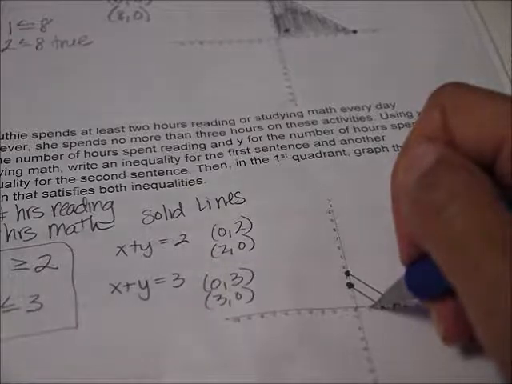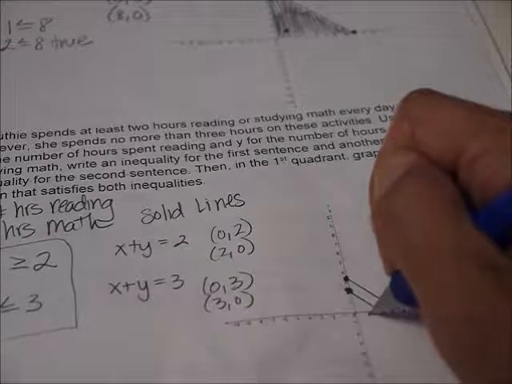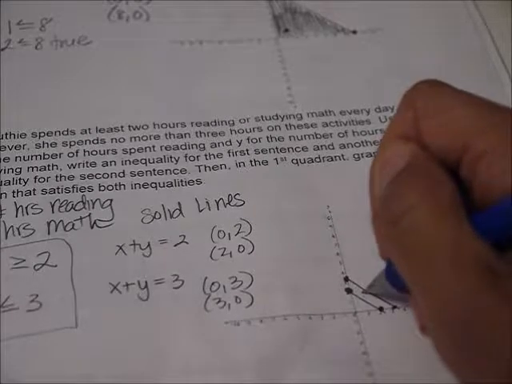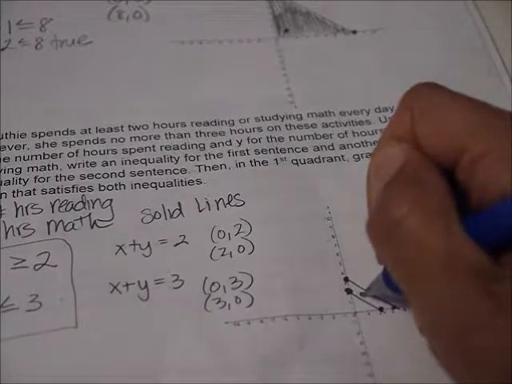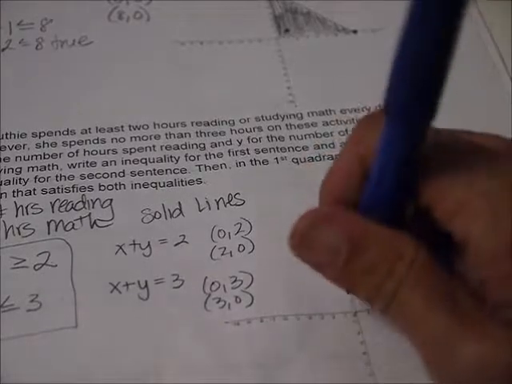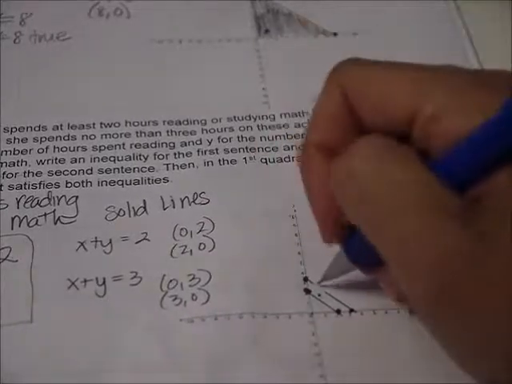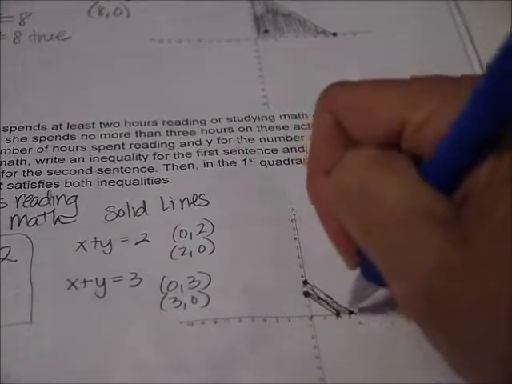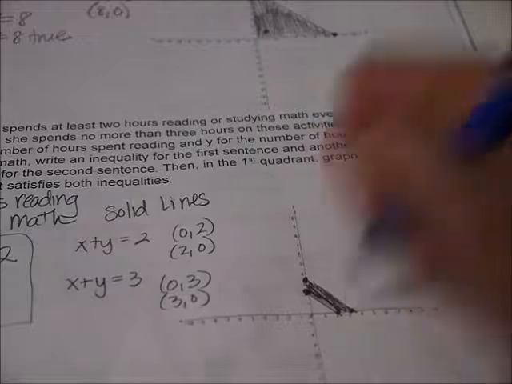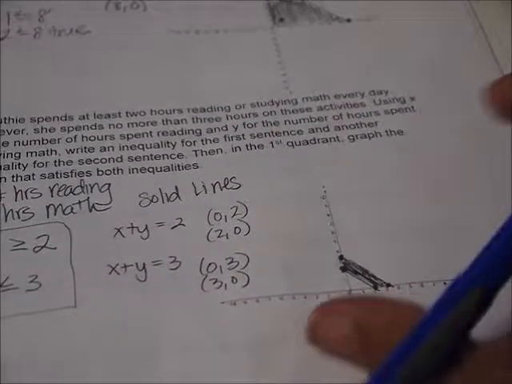So what if we tried graphing 1, 2? Actually, 1 plus 2 would equal 3. So we could do halves, or you can just trust me that it's in between there. I think we're good with that today. So this is what we're going to have for your tiny little graph. And that is it for this lesson.